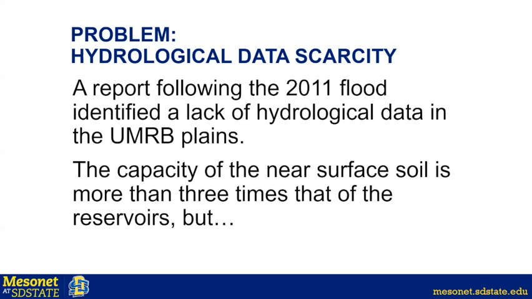It's in years like 2011, where you have a bunch of plains snowpack and you have no idea what the soil moisture profile looks like, that there's just a big blind spot. The capacity of the near-surface soil in the Upper Missouri is 3 times the reservoir capacity on the Missouri River behind the dams. It's effectively a reservoir in and of itself, and they don't have a way to know what they're dealing with as far as management is concerned.